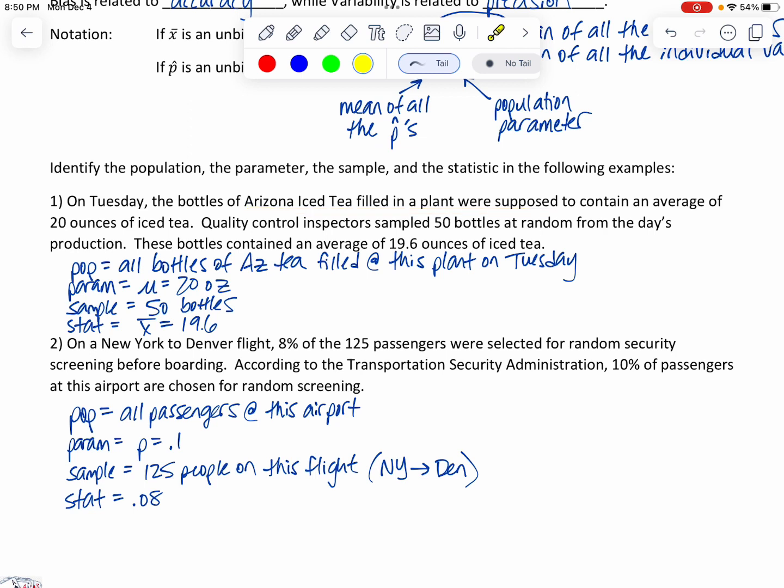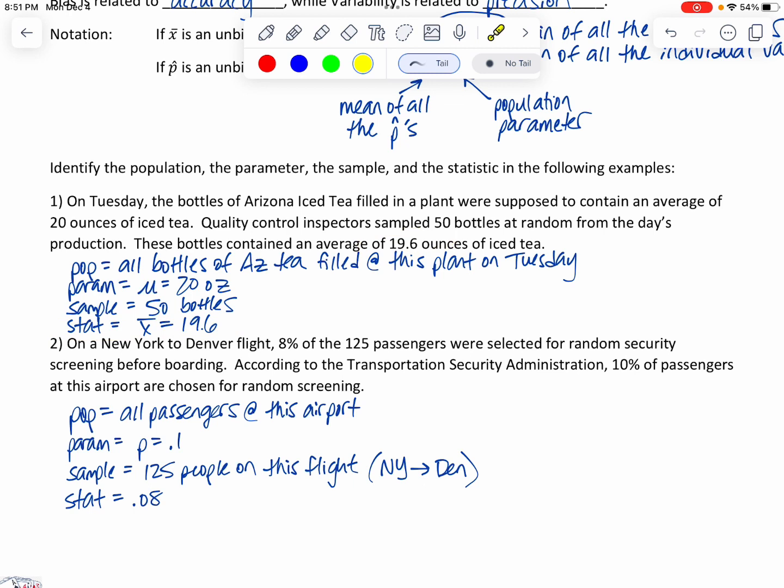They're supposed to be filled to 20 ounces. As you know, there's some variability. We take a sample of 50 bottles, and the average for those 50 bottles, we're not expecting it always to be 20 ounces. That is just the given statement. And our 50 bottles might be a little bit different from the entire population. The average is 19.6, so that is our statistic.